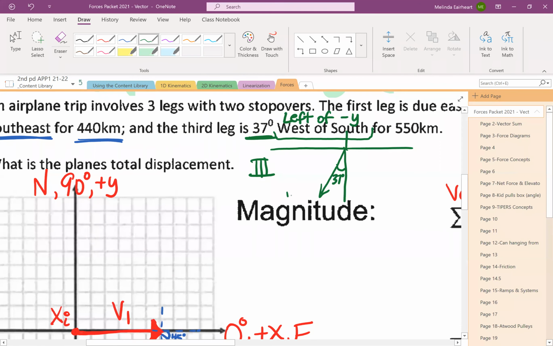So this one is west of south. But the alternate, maybe tomorrow they say south of west. Well, if it's south, below, or underneath of west, that's negative x. Maybe this is south of west.